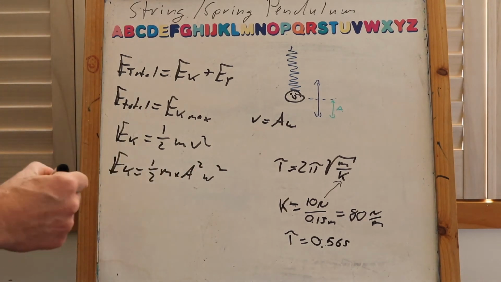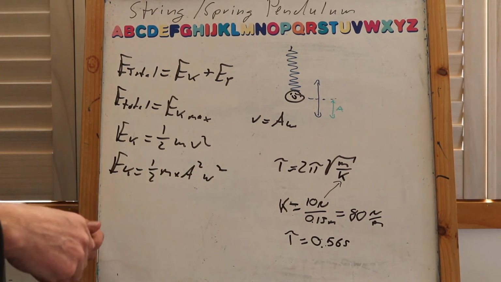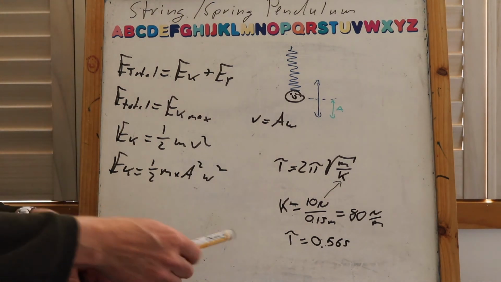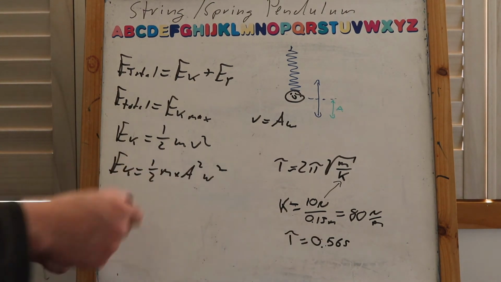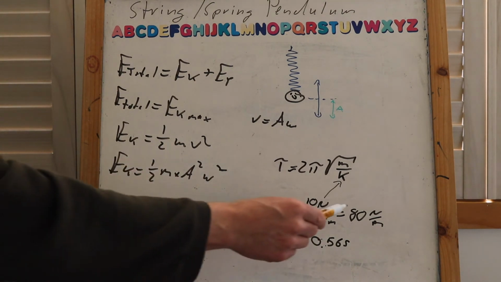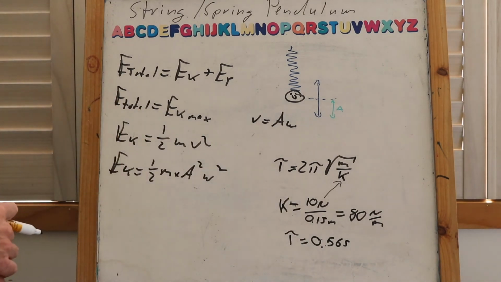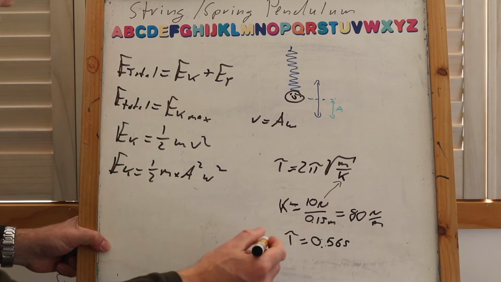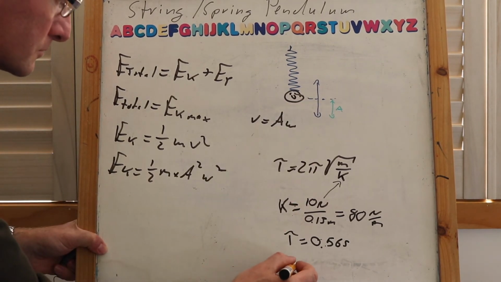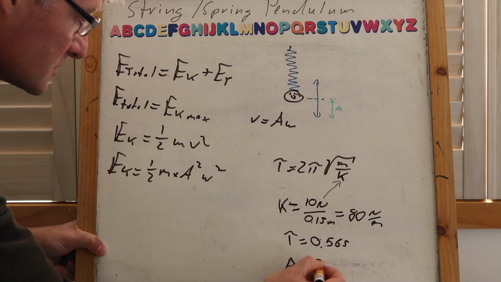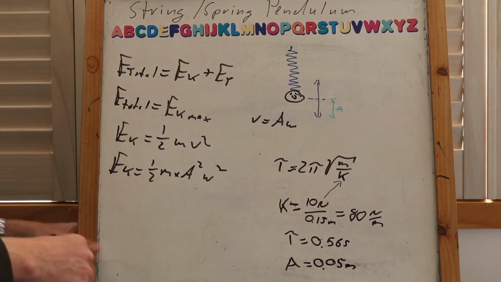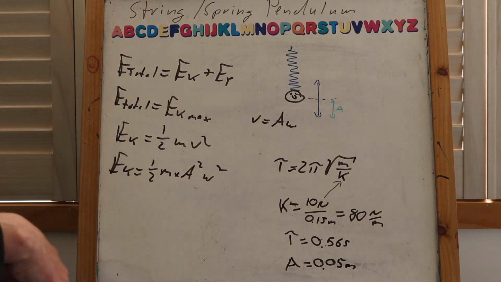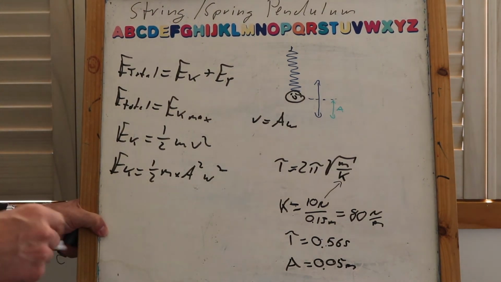Okay, so that's a useful equation, and if I tell you that I've got a time period for my little chicken on the spring of 0.56, if I have a spring constant of 80, and if the displacement A, let's say that was 5 centimeters, 0.05 meters, with that information, you guys should be able to work out a couple of things.